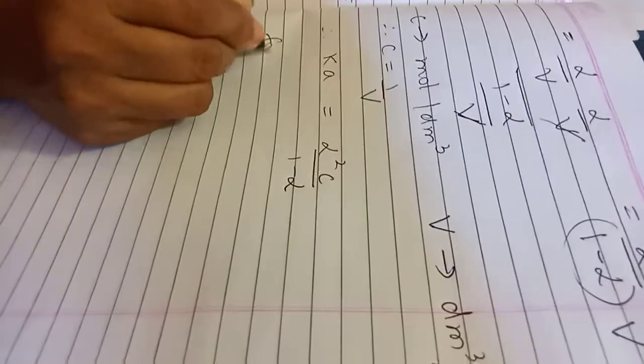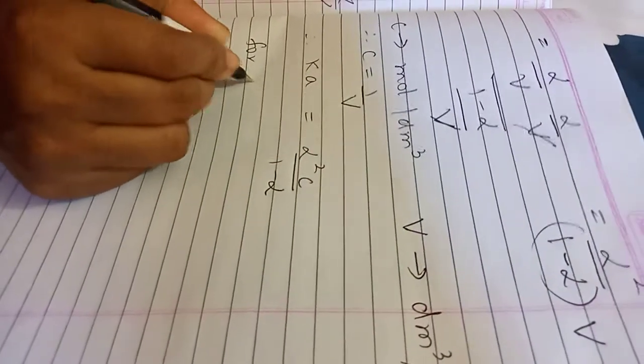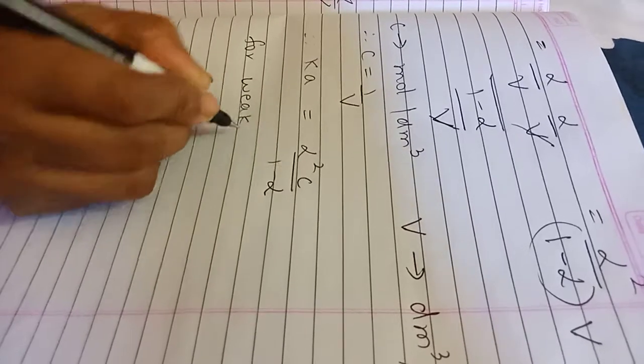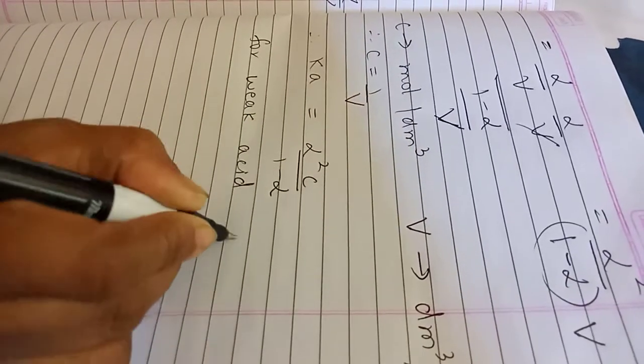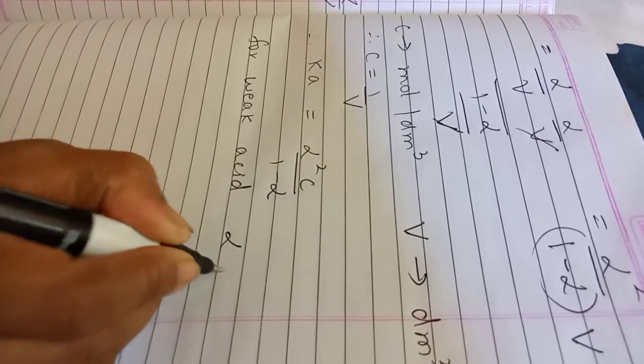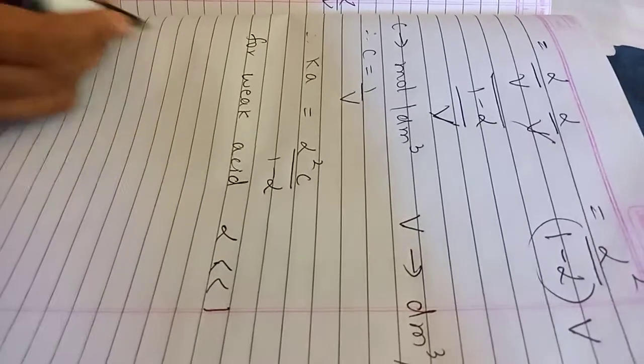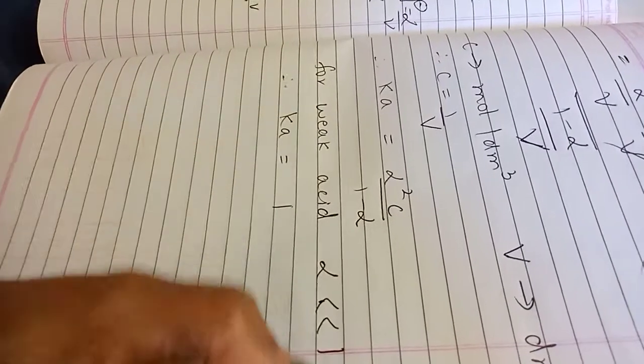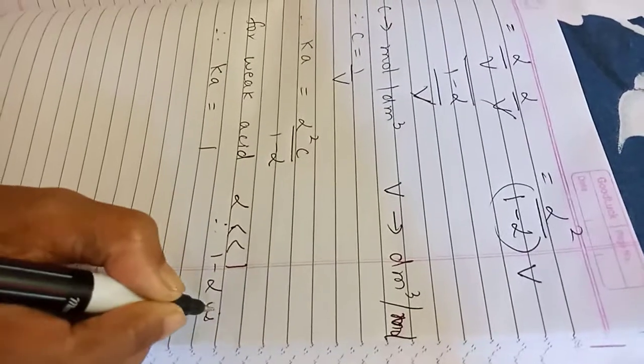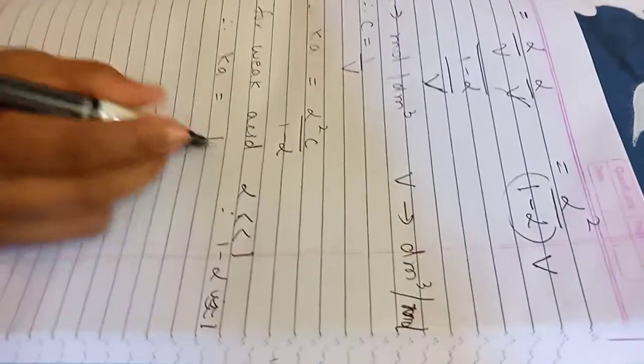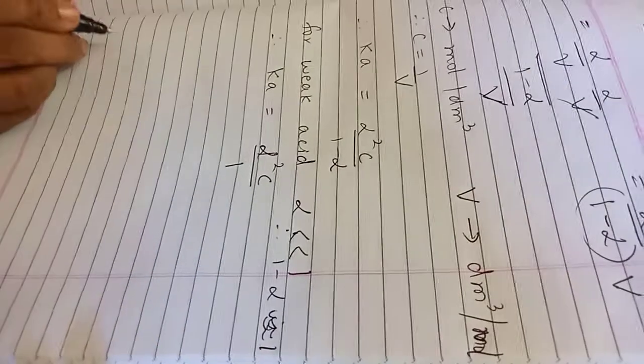Students, for weak acid, alpha is much lesser than 1. Therefore I can put here 1 minus alpha is almost equal to 1. What do we get here? Ka is alpha square C divided by 1.